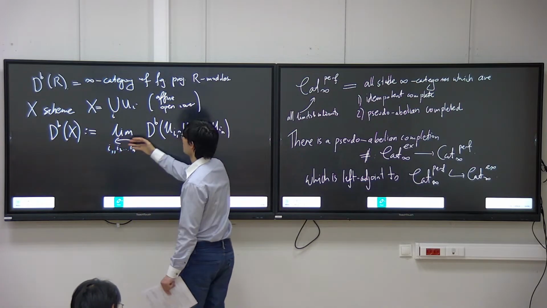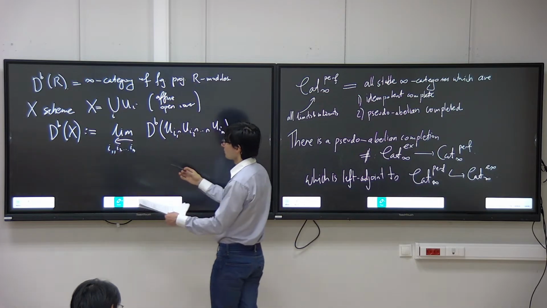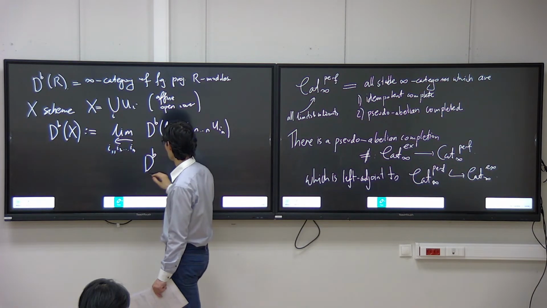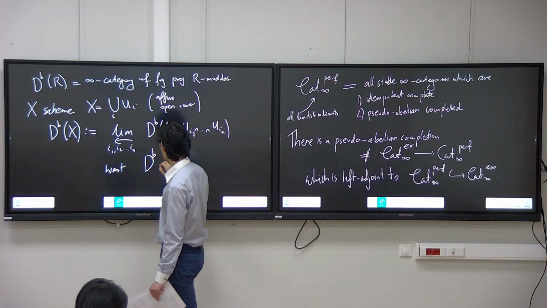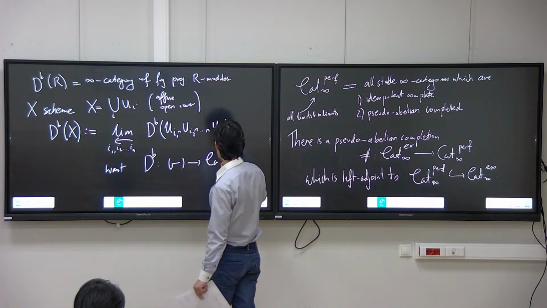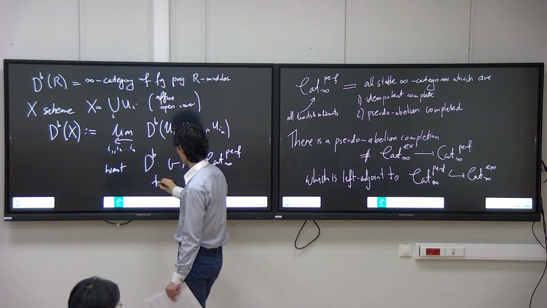This seems like the right definition because you want D^b to be some kind of sheaf. You want D^b, as a functor out of Cat_∞^perf, to satisfy descent properties.